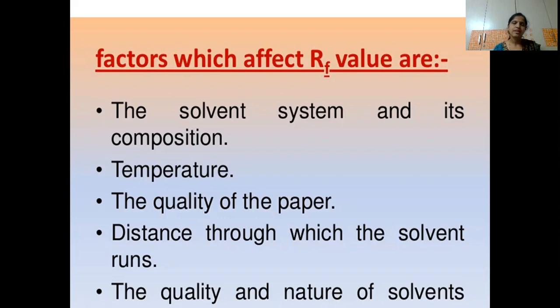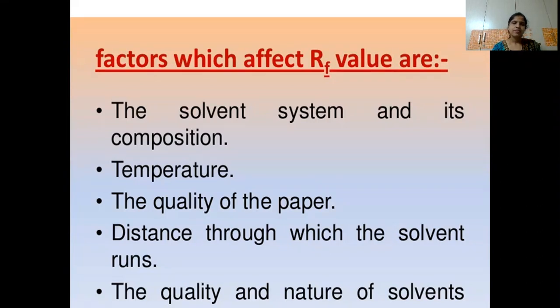So the solvent will run at different distances. Now suppose we are taking TLC and we dip the slides into the adsorbent, what happens is the adsorbent sometimes will adhere onto the glass plate, and it may not be uniform adherence. Sometimes it may be non-uniform. If it is non-uniform, then the distance traveled by the solvent will vary.